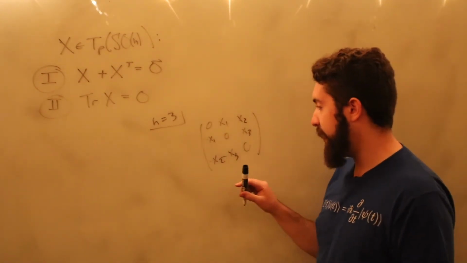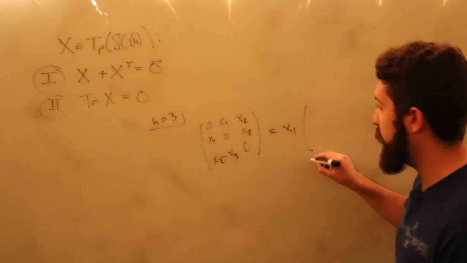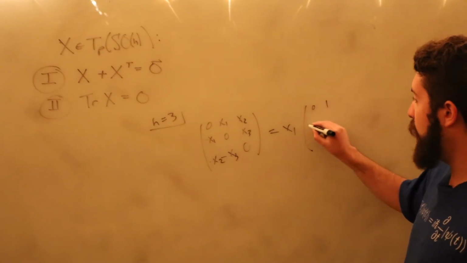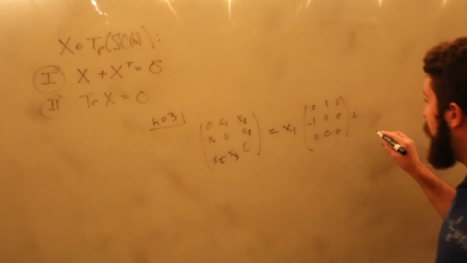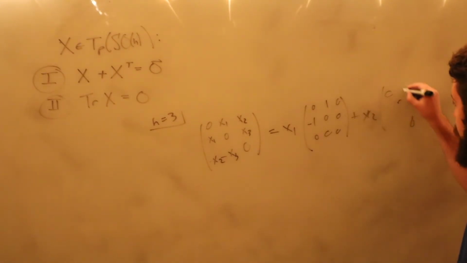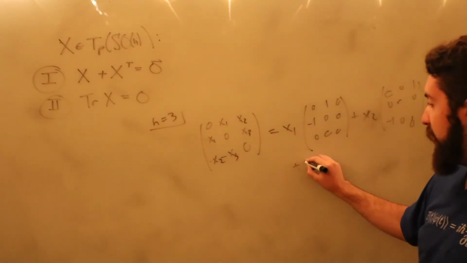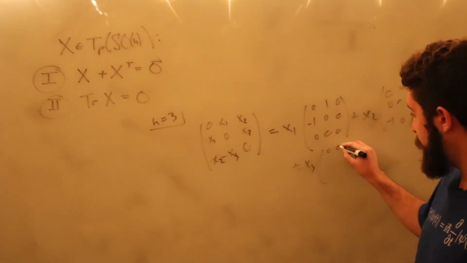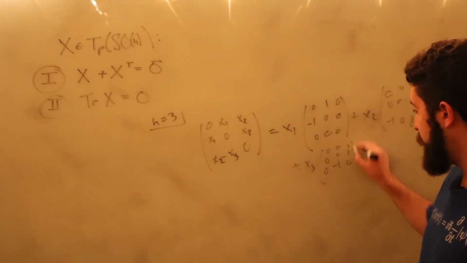So now we see that this is equal to, you could write it as x1 times 0, 1, negative 1, and then zeros everywhere else, plus x2 times 0, 0, 0, 0, 0, 1, negative 1, 0, 0, plus x3, 0, 0, 0, 0, 0, 1, negative 1, 0.